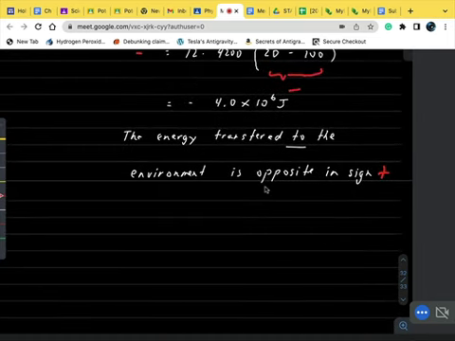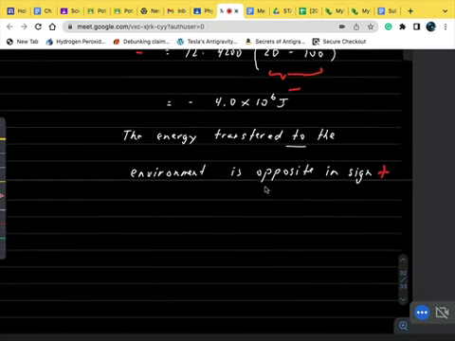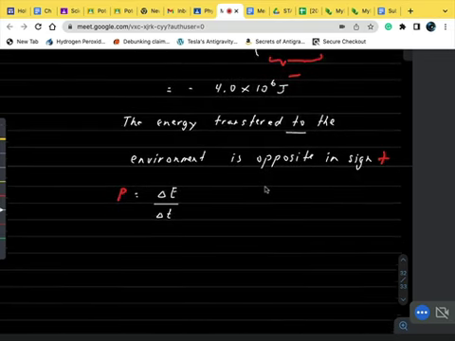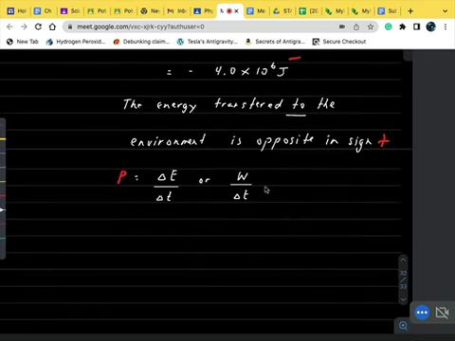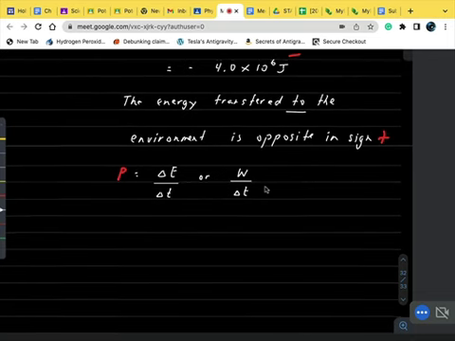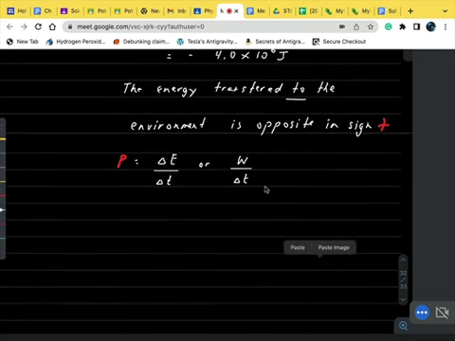Okay, so power, let's write that down. Okay, so power is just energy, but it's the amount of energy that you're using per unit time.